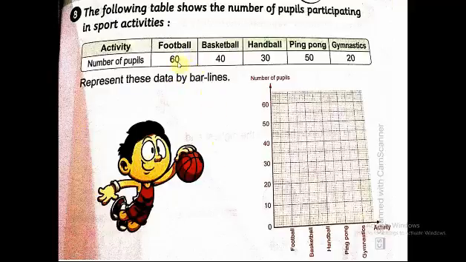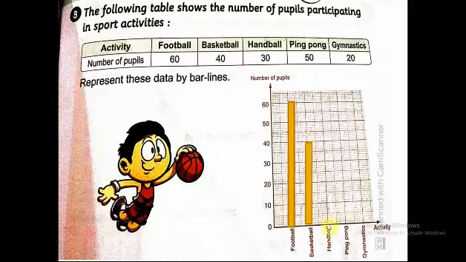In football, how many pupils do we have? 60. That means I'll go from football to reach 60 here, then I'll make my bar line. Basketball is 40, so I'll move from basketball to reach 40, then make my line. Handball is 30.